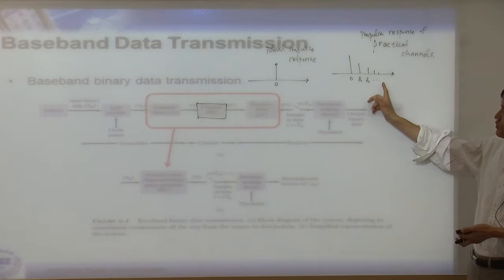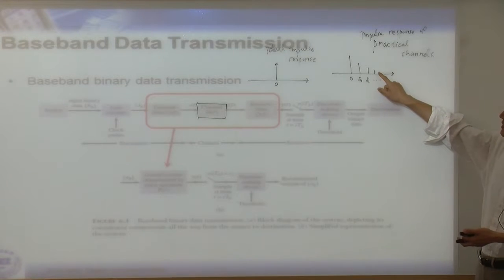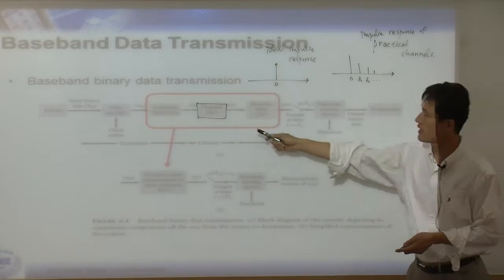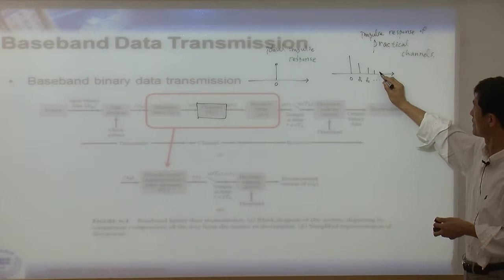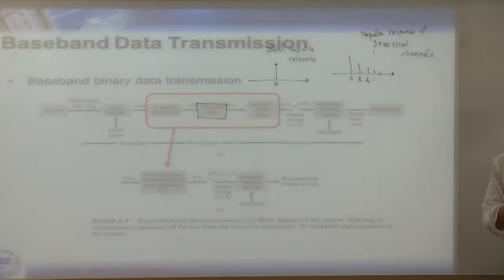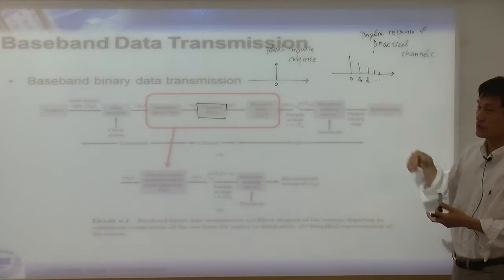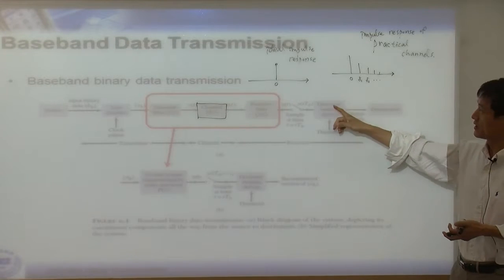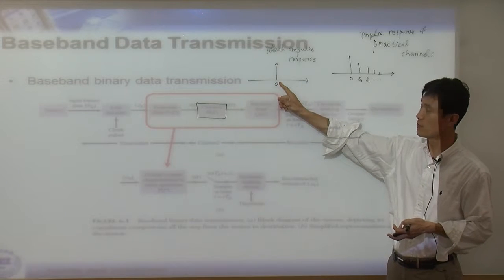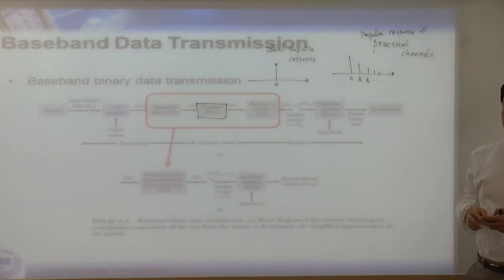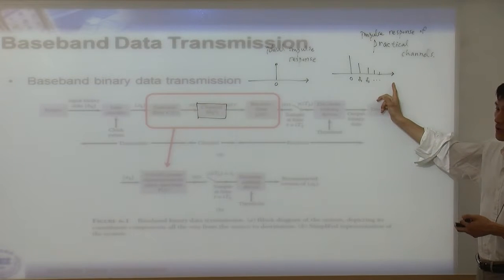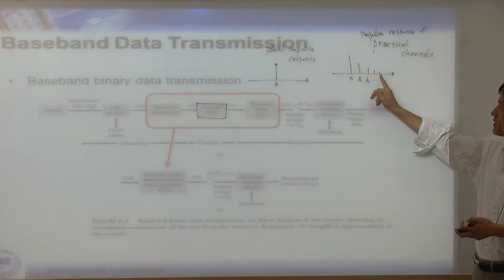When you have this impulse response, what that basically means is that this block has a memory. Remember that we discussed the memory in the channel or any block? How do you know? If you have only one impulse, it's memoryless, we have no memory. But if we have two or more, that means we have a memory.